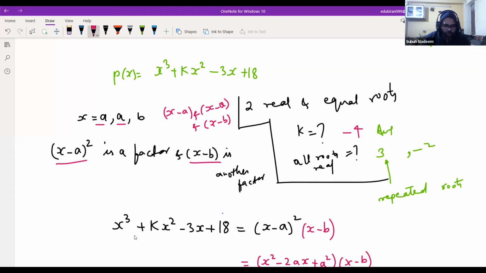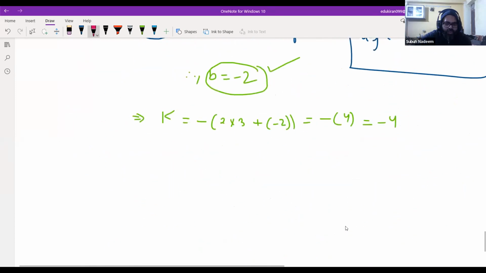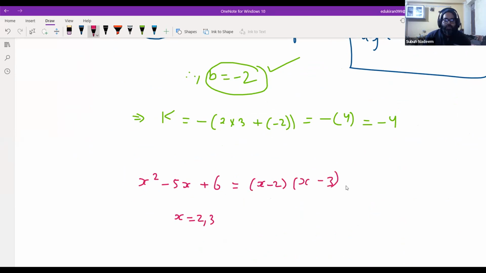Now what we do is we can write this polynomial in terms of its factors, that is x minus a whole square into x minus b, right? As we used to do, for example, if we have x square minus 5x plus 6, this is a quadratic, it has roots 2 and 3. So you can write it as x minus 2 into x minus 3, right?